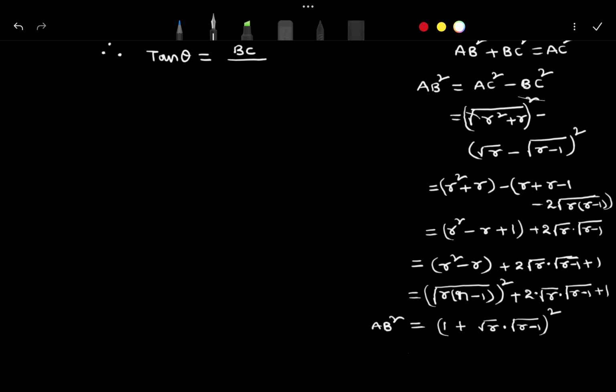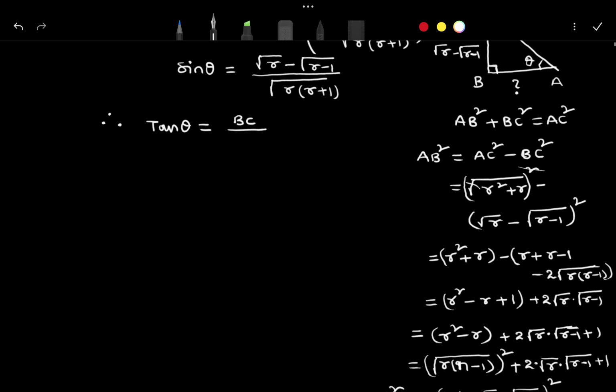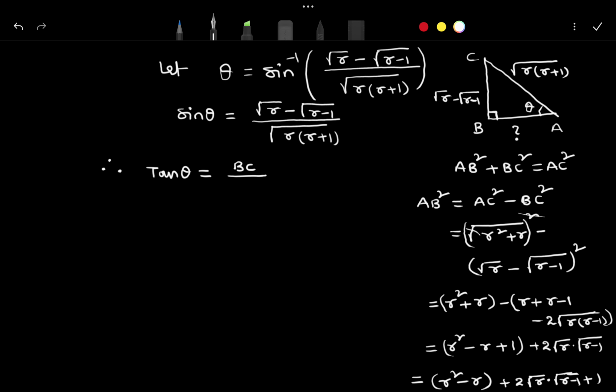So now AB is equal to 1 plus root r into square root of r minus 1. Now substitute this in that triangle, then tan theta is equal to, from the triangle, BC by AB.